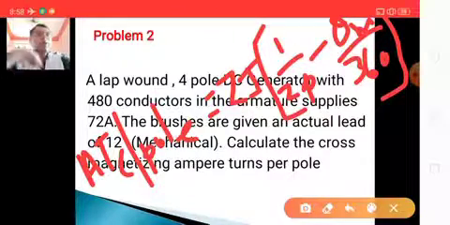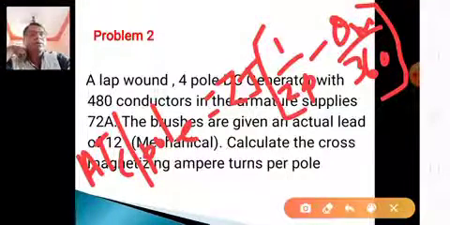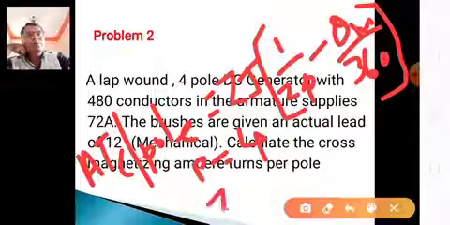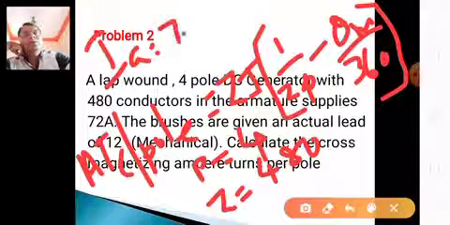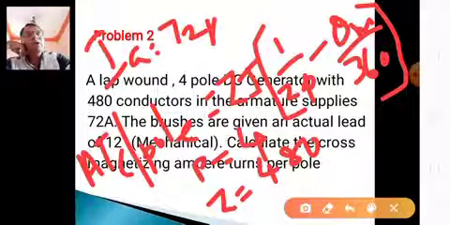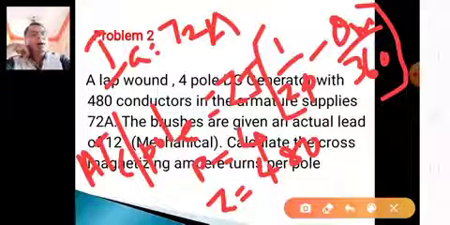So from this formula we get the value of P, number of poles, equal to 4. So Z equal to 480 conductors. Ia equal to 72 amps. What is the total current? Because the two conductors consist of a parallel path.